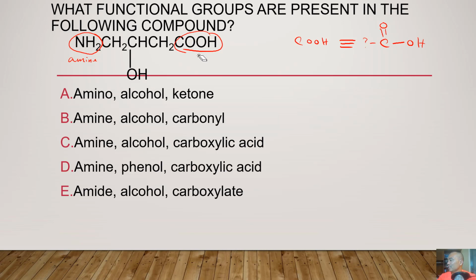So that is the carboxylic acid functional group. And OH by itself is called alcohol. So you do have amine, you do have alcohol, and you have a carboxylic acid. So C is the correct answer.